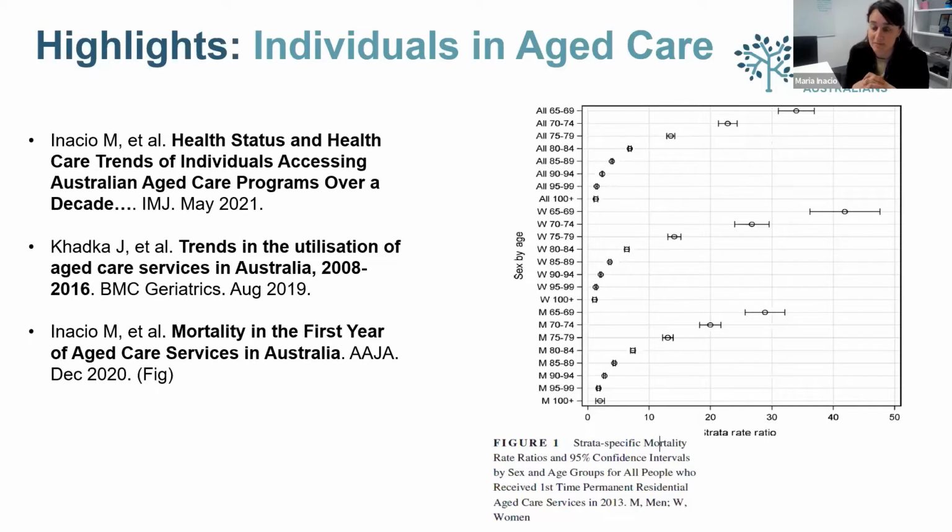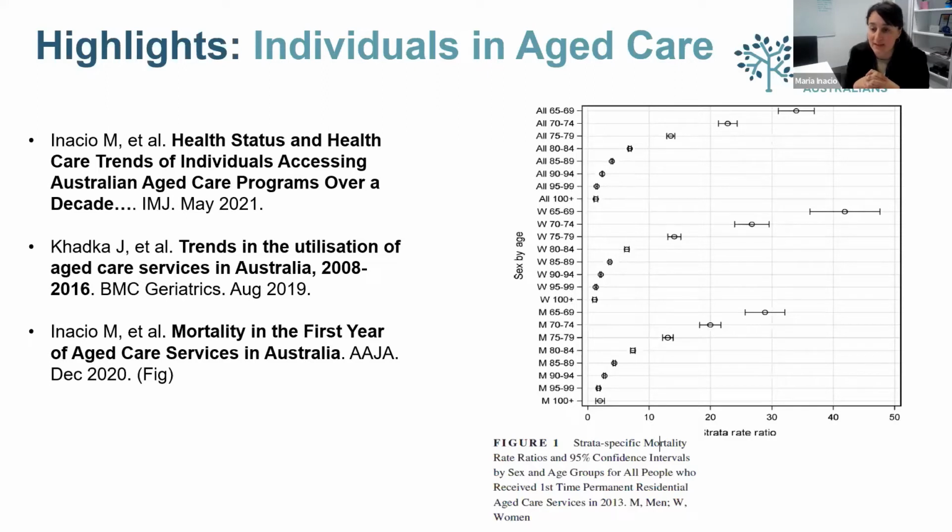So we have publications that describe the increasing prevalence of comorbid conditions in the individuals that are presenting to start receiving home care packages and residential care services, for example, the increasing number of medications that they have received over a decade, and the really high increase in frailty of these individuals when they're starting their services.